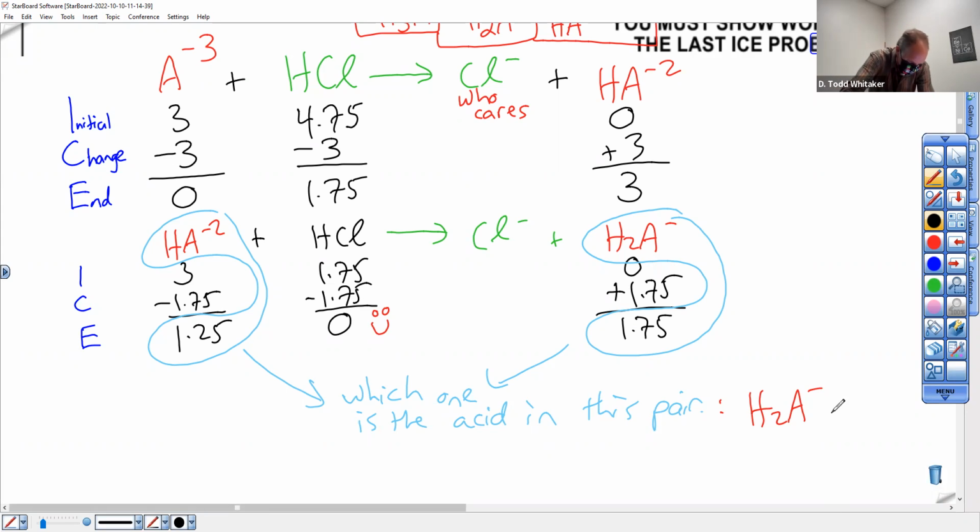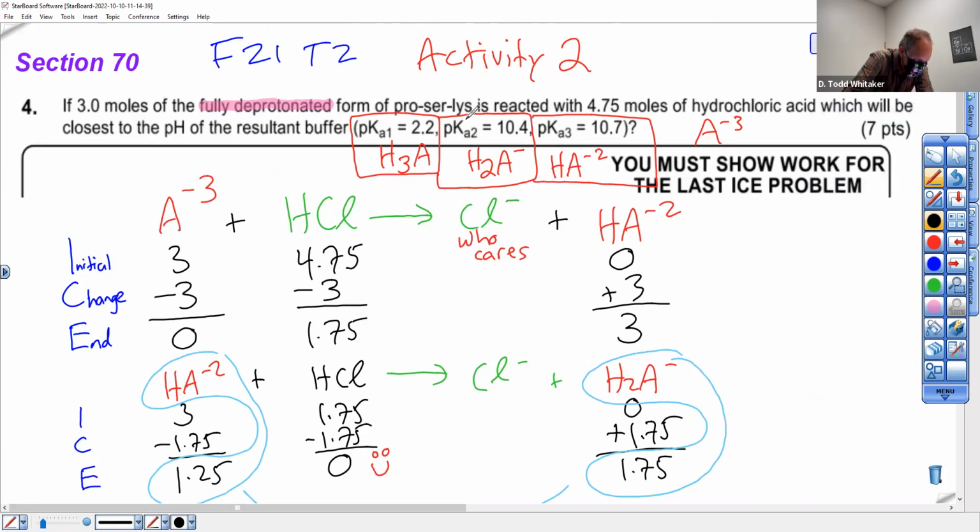Okay. H2A minus, what's the pKa? We wrote 3. We circled the 3. Okay. 10 point who? 10.4. We wrote that right here, didn't we? The reason we did it is so we can use it. We know this buffer is good at keeping pH close to 10.4. That's what buffers do. Keep pH close to what? It's only the most important thing.